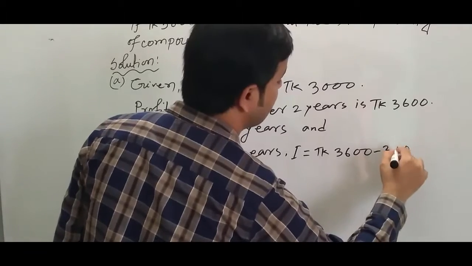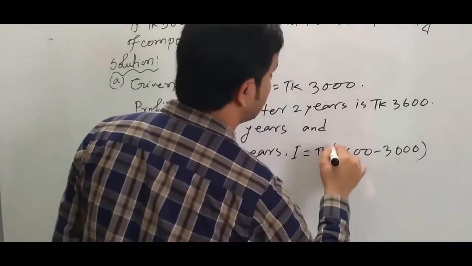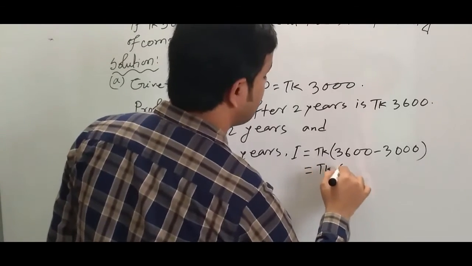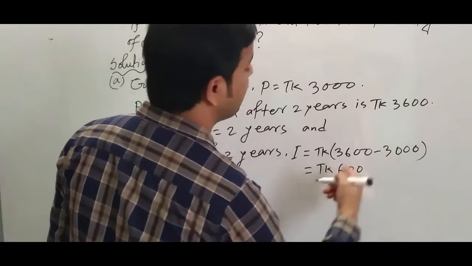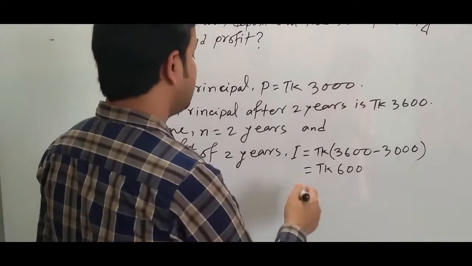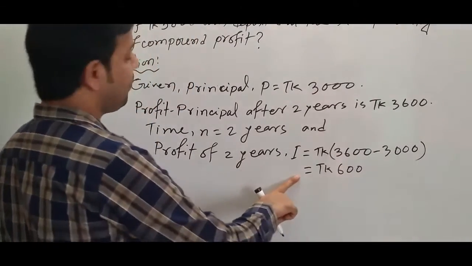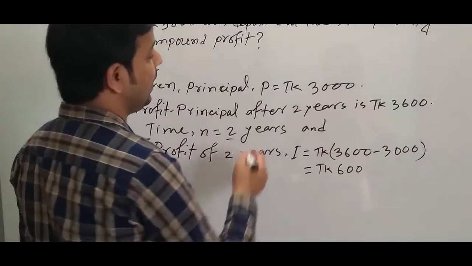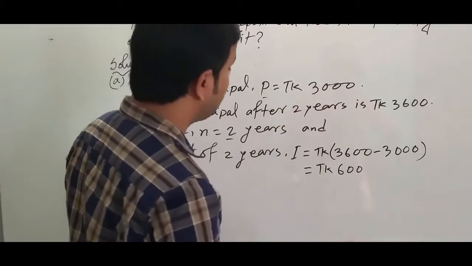Our principal is 3000 and profit principal after 2 years is 3600. That is 600 taka we will get if we subtract 3000 from 3600. This is our profit of 2 years.